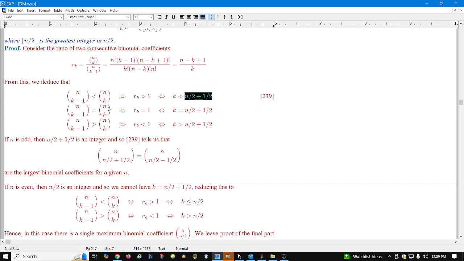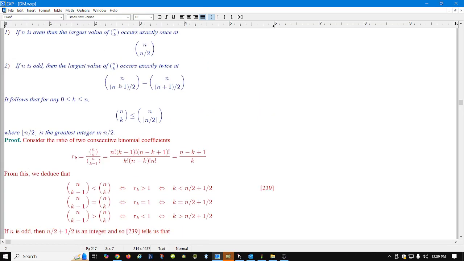And so we can find the maximum value of the binomial coefficients right here. If k is less than this value on the right, we're still climbing. If k is greater, we're descending. We hit the maximum right here. And that's this binomial coefficient, which we know to be equal to this one, and that's simply this equation here.